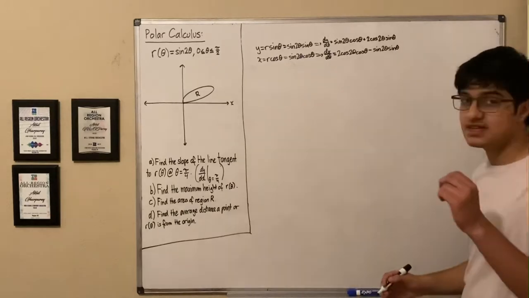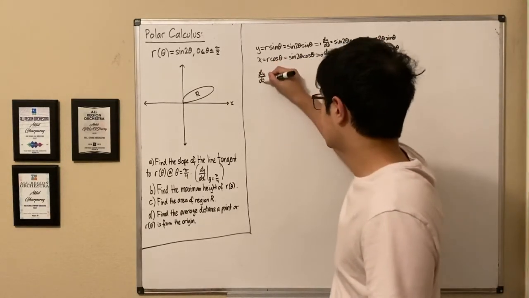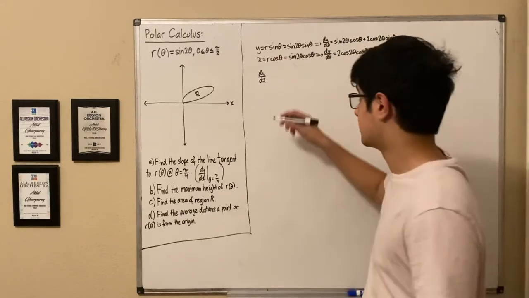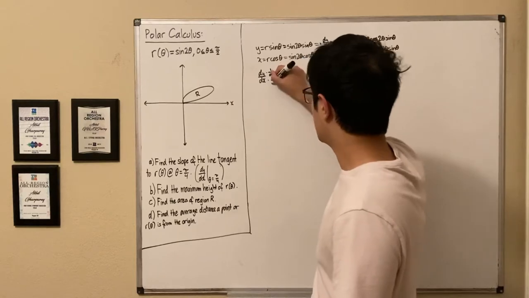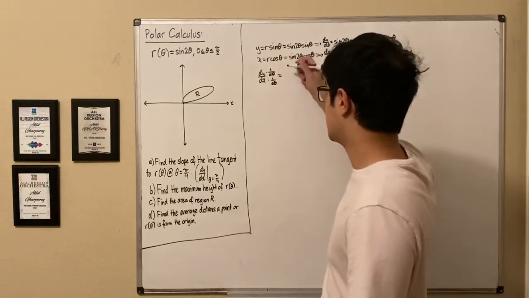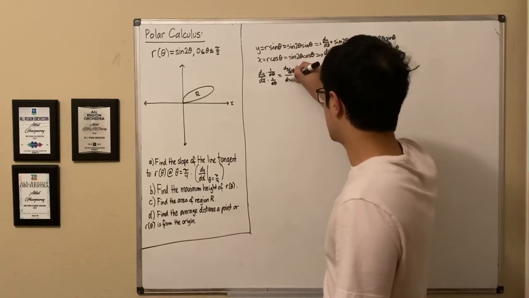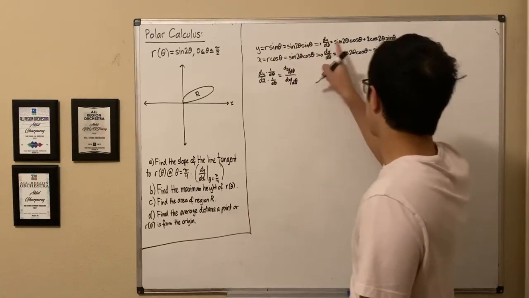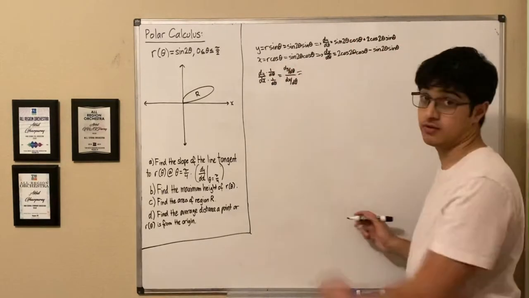So to get dy/dx, let's break it down. We know dy/dx can be written as a fraction. If we multiply both the numerator and the denominator by 1 over d theta, this gives us dy/d theta over dx/d theta. And that's exactly what we have up here. So let's substitute what we have up here in for dy/dx.